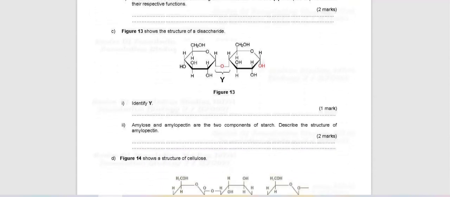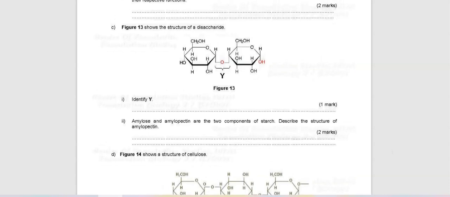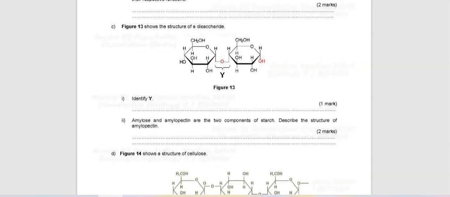Okay, number 3, question C. Figure 13 shows the structure of a disaccharide. As you can see in this diagram, carbon number 1, the hydroxyl group is located below the plane. Same goes to here, carbon number 1 is below the plane.